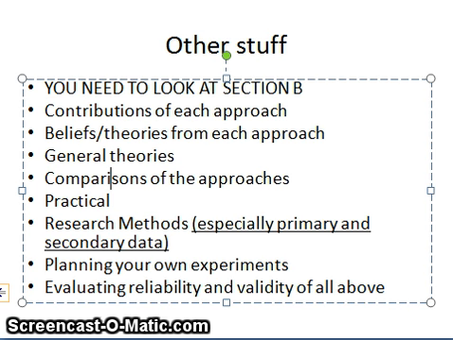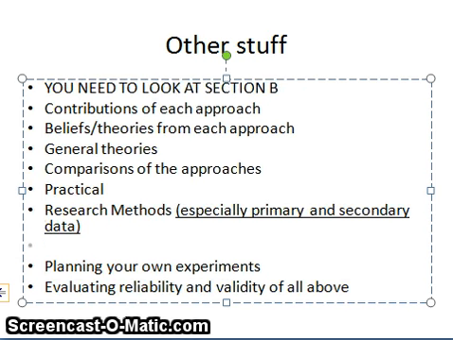So remember, you also need to know all of your research methods. This includes experiments, correlations, observations, self-reports, types of design, types of sample, strengths and weaknesses of all of those, especially primary and secondary data. Remember, primary and secondary data are the key bits for this unit, so you definitely need to know about them.